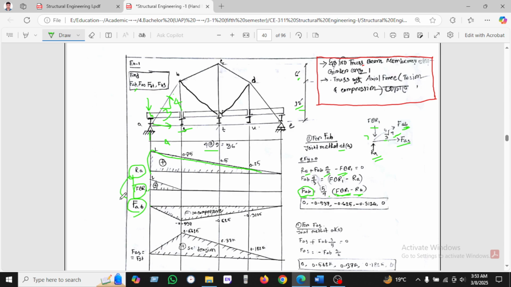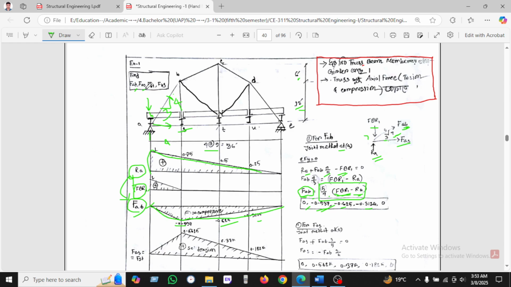Using this equation and putting in the values, we found 0.0, the second point 0.937, the third point 0.602, then 0.302, and 0, and it will be like this.